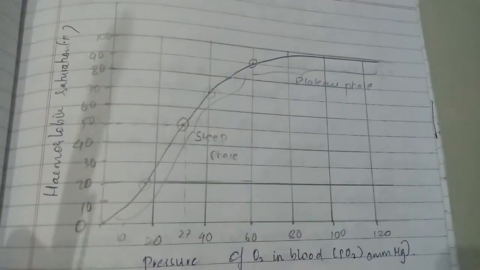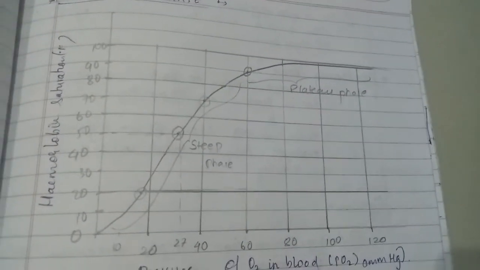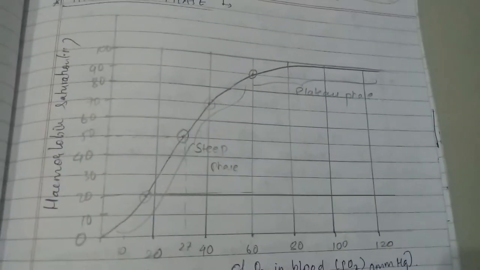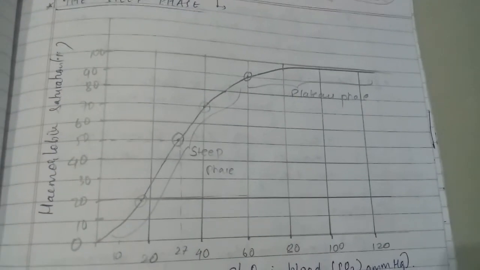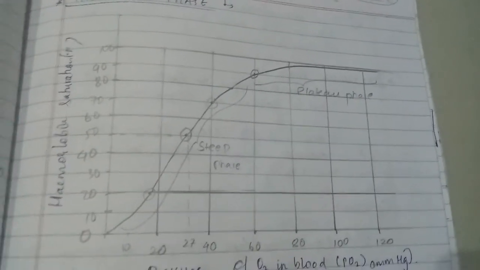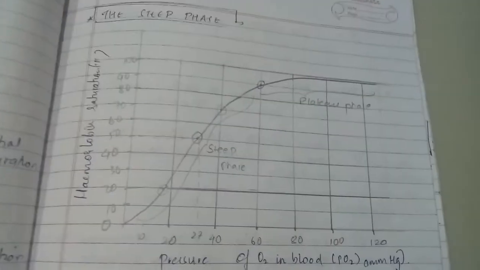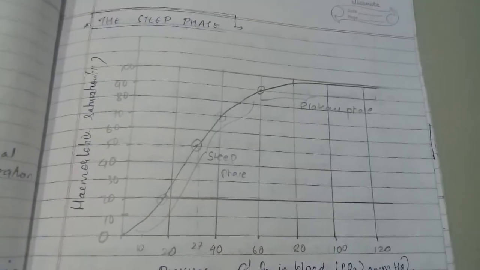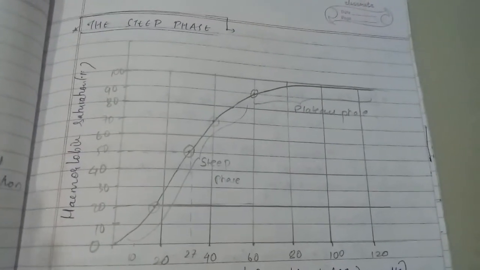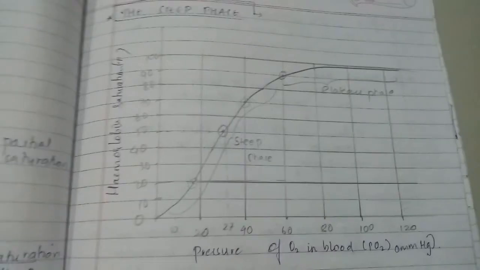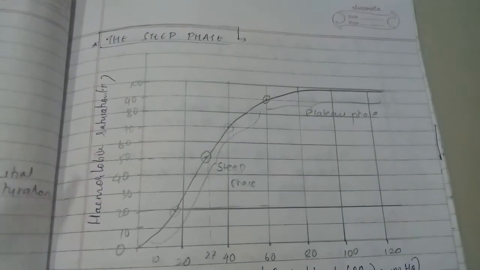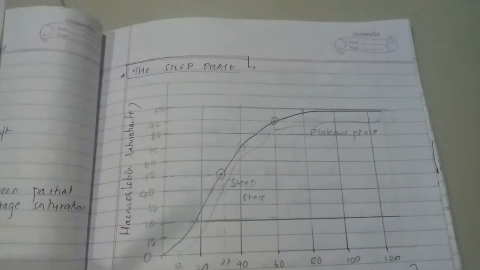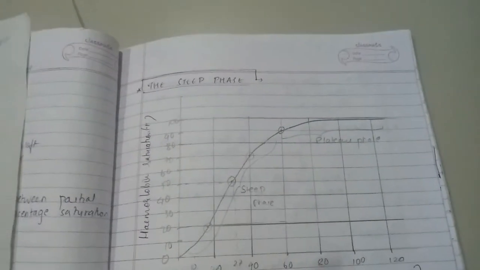Hemoglobin saturation increasing means the O2 content of blood is going to increase, which is helping in loading of oxygen onto hemoglobin. Because the lungs are filled with air, the O2 diffuses into the blood, the partial pressure of O2 in blood increases, and hence hemoglobin saturation increases. Thus it helps in loading of oxygen in lungs.